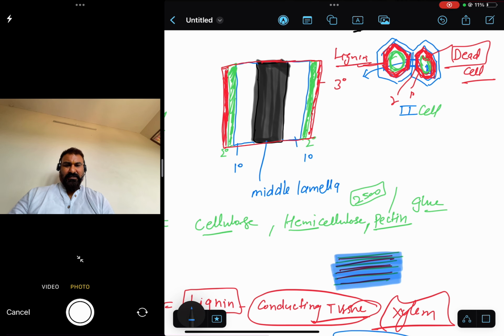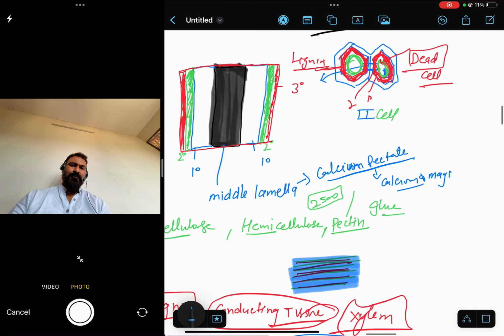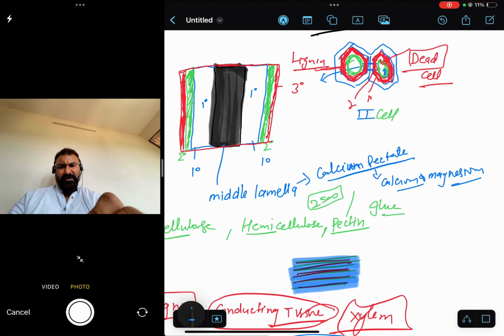Now let us discuss the middle lamella. This middle lamella is made up of calcium pectate, which contains calcium and magnesium. As you easily saw, this is the primary cell wall, this is another primary cell wall, and it makes an attachment of both the cell walls.